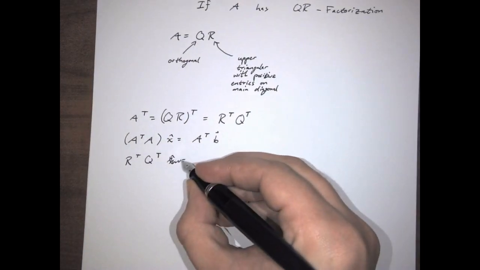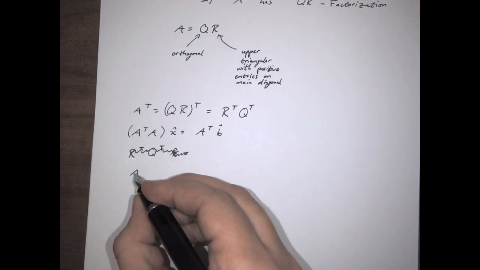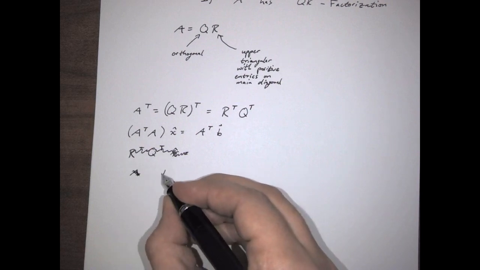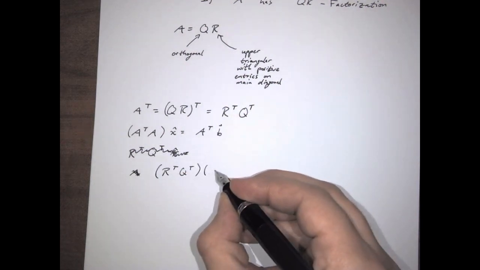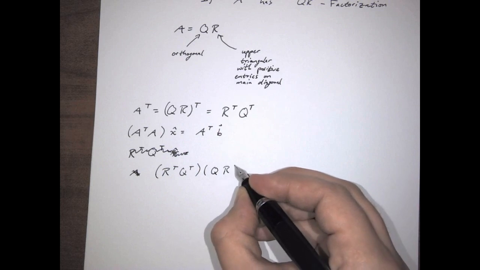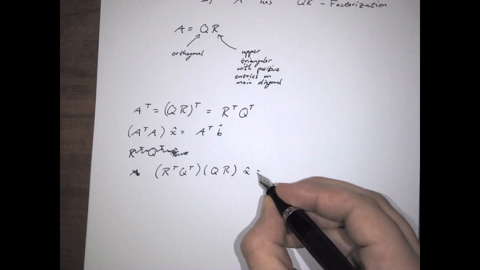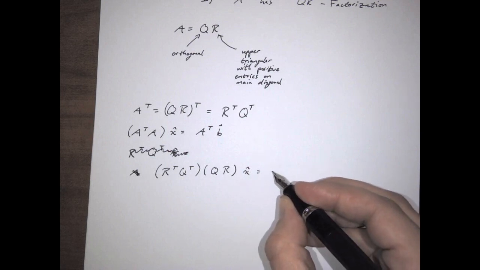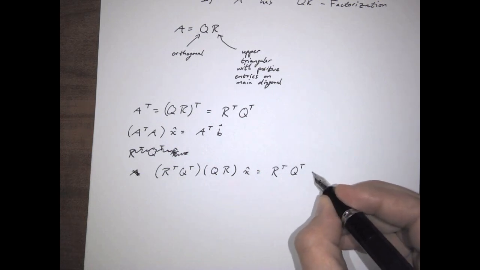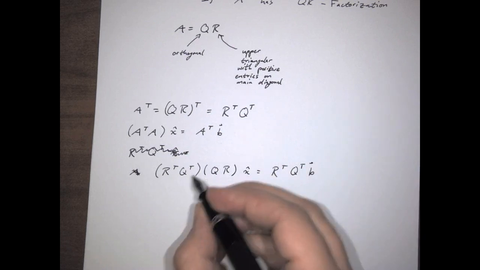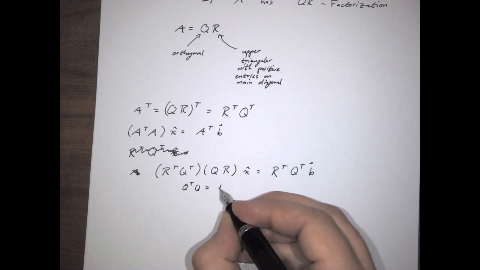Oops, I meant to say, so that's A transpose A. So that's R transpose Q transpose times QR times x hat is equal to R transpose Q transpose times B. Now Q transpose Q, because the columns of Q are orthonormal, this makes just the identity.